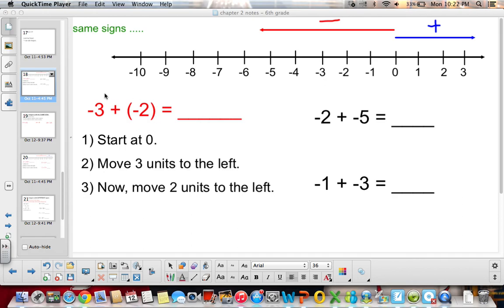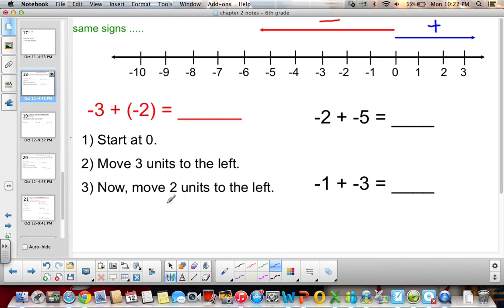If we are adding two negative numbers, so they have the same sign, like -3 plus -2, we start at 0 and first get to -3. So we go 1, 2, 3. Remember, going left is negative. And then we go 2 more because we're adding -2. So 1, 2. Then our answer is -5.